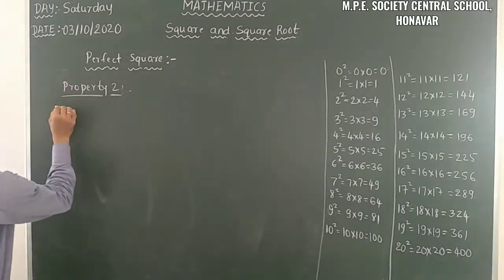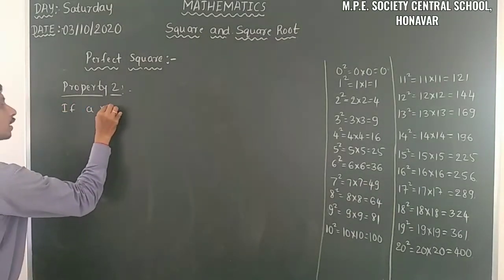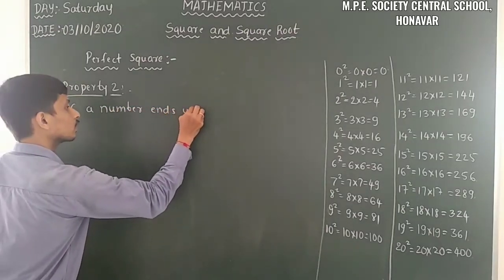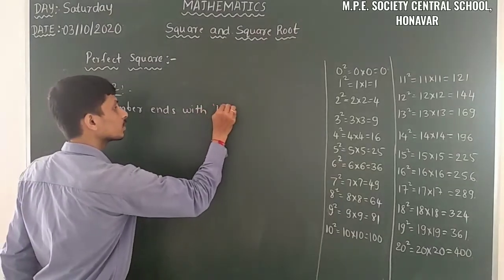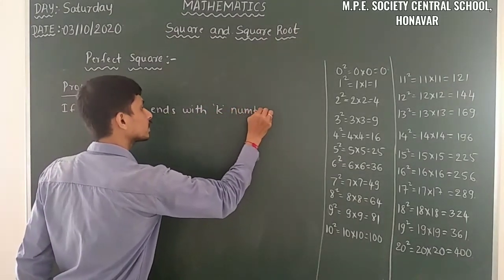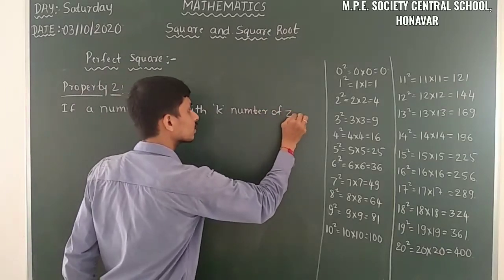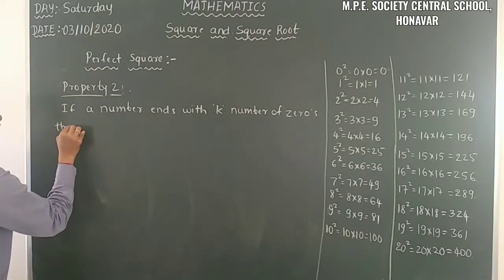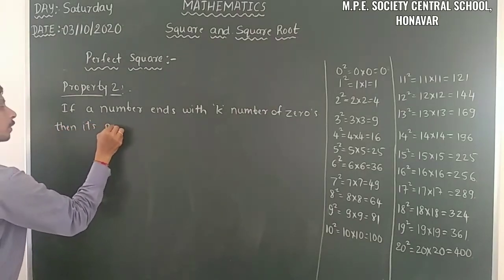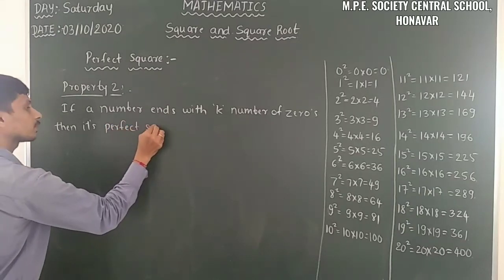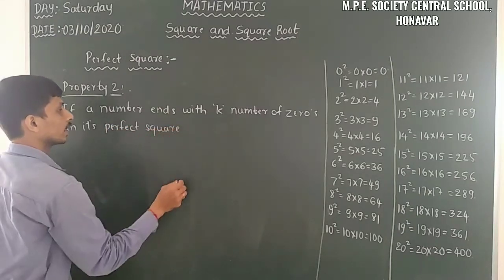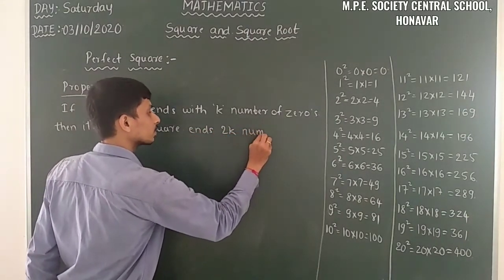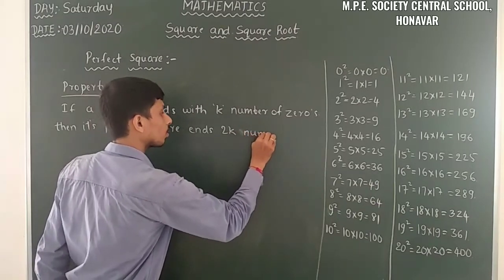That is, if a number ends with k number of zeros, then its perfect square ends with 2k number of zeros.